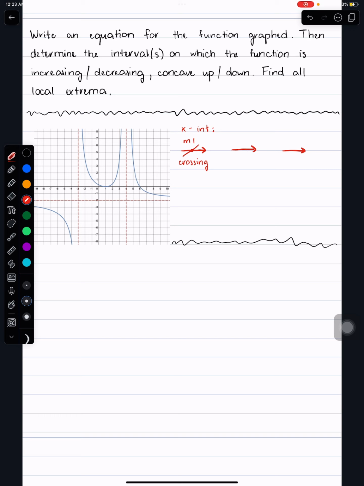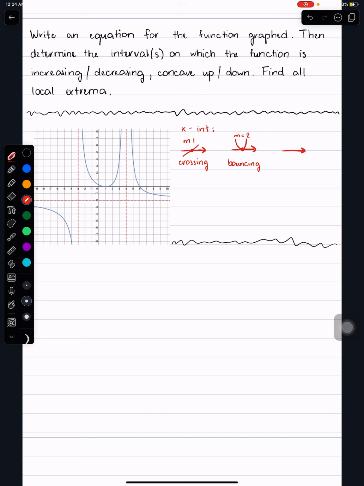Another type is if the graph is bouncing back on the x-axis. It can go up and down like that, or like this. Either way, as long as it's bouncing against the x-axis and not crossing through, this is what we call bouncing back. This is when we have multiplicity of 2 at that x-intercept.